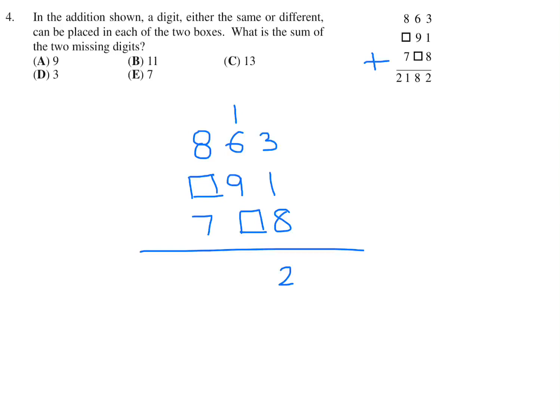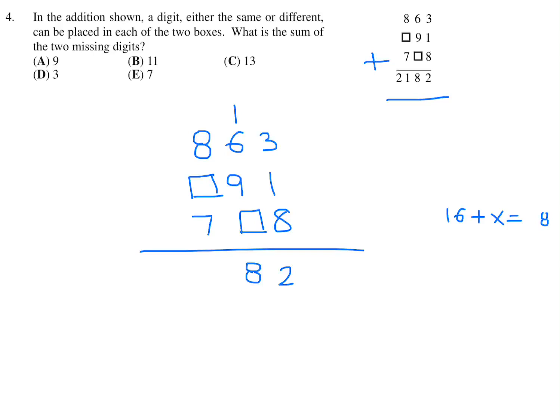So it becomes a 2, and you carry the 1. So now 1 plus 6 plus 9 plus some number is 8, according to what they've given us. But it could be 18 or 28, we don't know. So we've got 16 plus some number, x, let's say, is equal to 8.